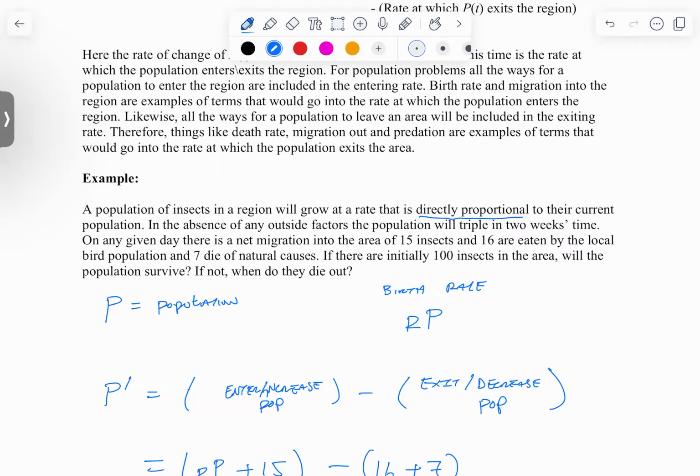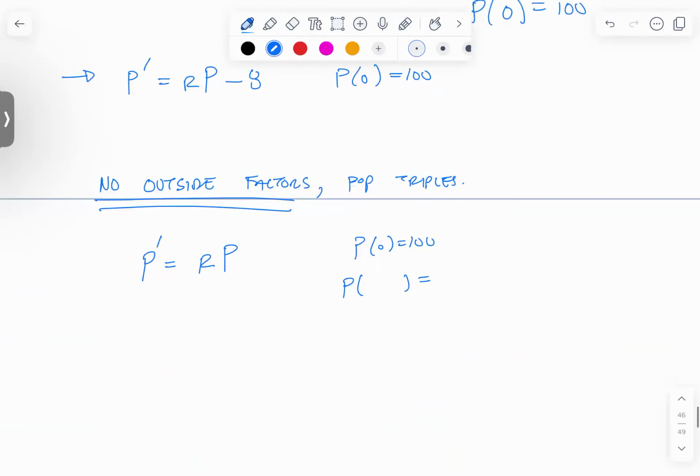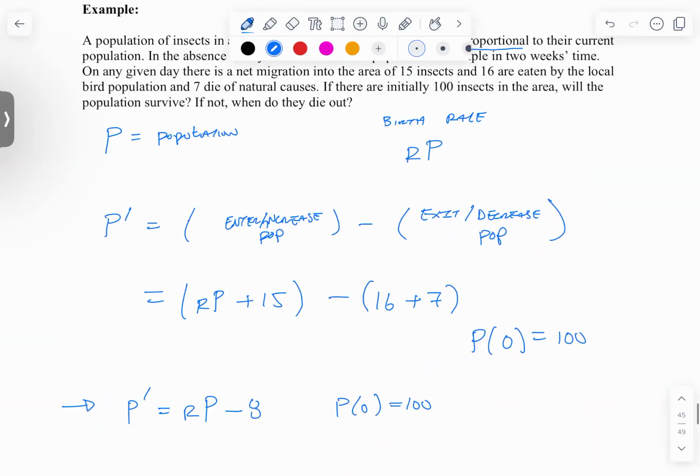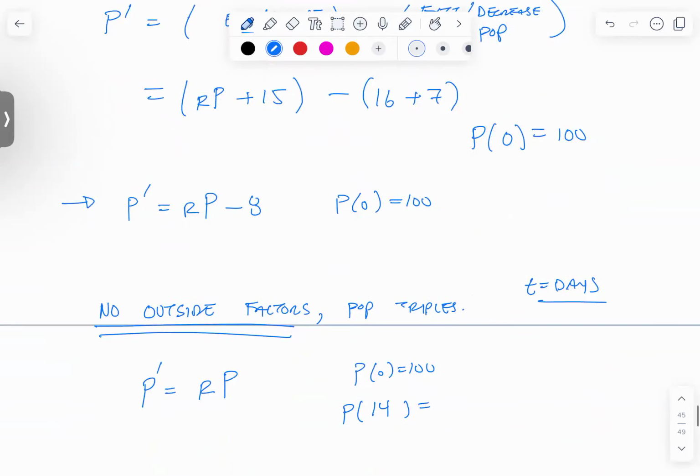But it's way easier, since all this is in days, to convert 2 weeks to 14 days. Whether you do that immediately or when you finally need it, that's the important part. So population will triple in 2 weeks' time.